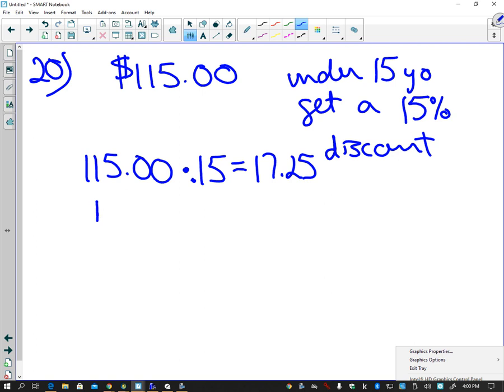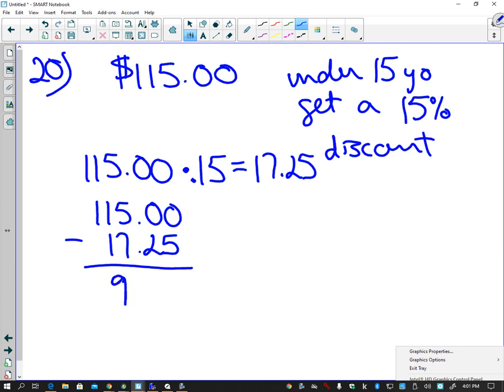So we take 115 and subtract 17.25. 115 minus $17.25, and they are going to pay $97.75 for the train ticket. All right, hopefully that helps. Hopefully that gets you ready.